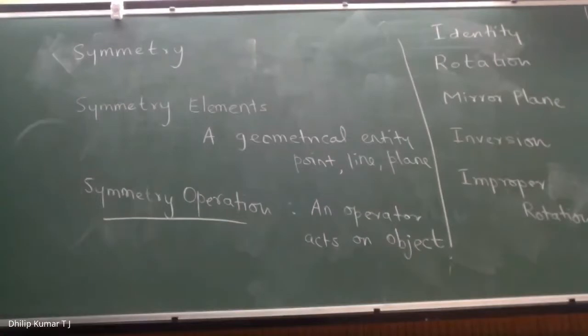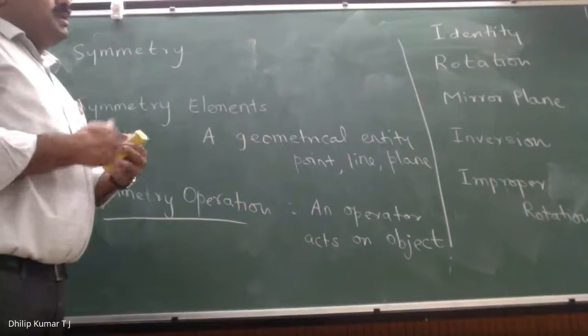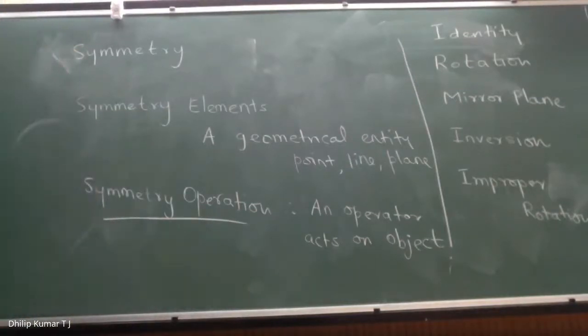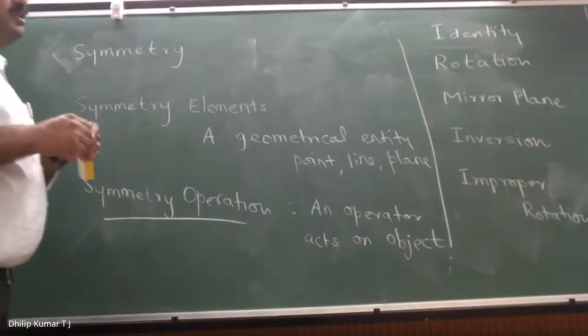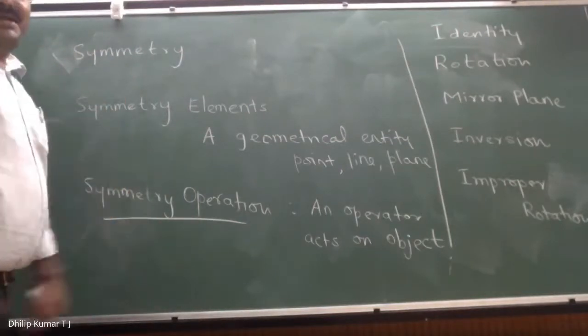If you apply a plane on the molecule and it gives a mirror image of that, then you call it a mirror plane operation. Inversion means that from the center point of a molecule, if you go in various directions, you will reach equivalent atoms.